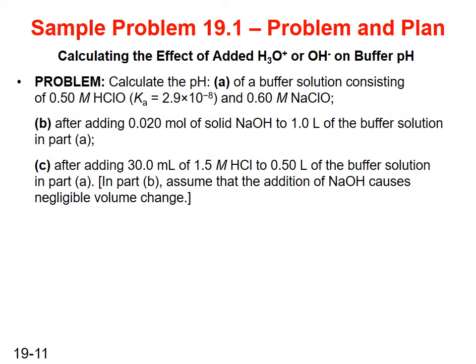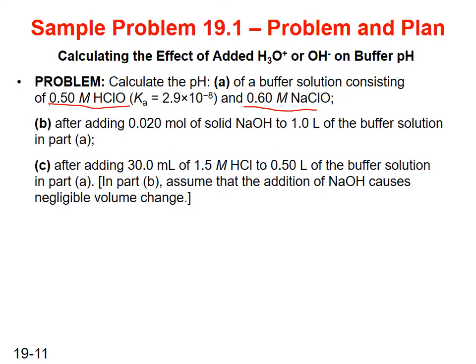In sample problem 19.1, we'll study quantitatively how much the pH changes for a buffer solution when hydronium ion or hydroxide ion are added. The buffer solution is made of 0.5 molarity of weak acid, hypochlorous acid, and 0.6 molarity of the conjugate base, sodium hypochlorite.